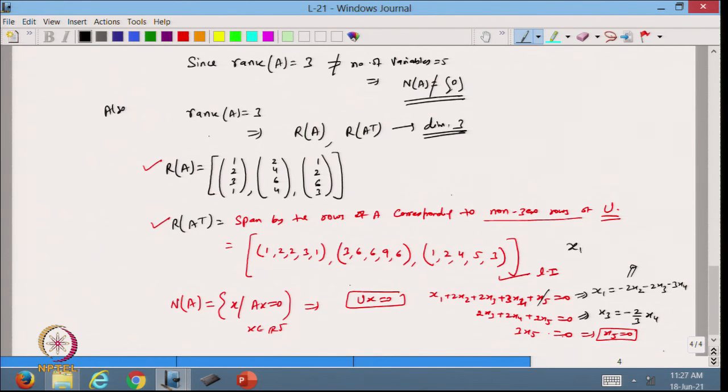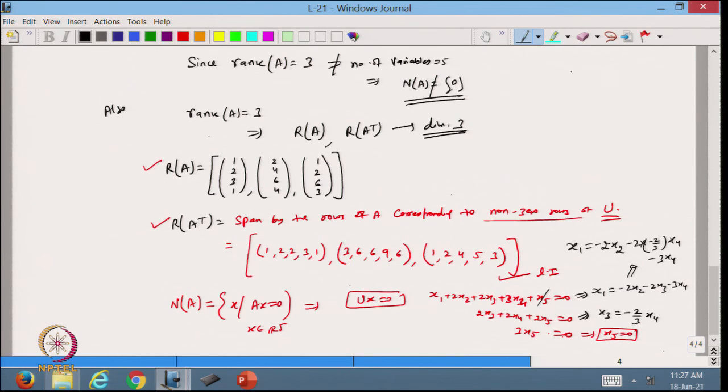I can write my x1 is equal to minus 2 x2 minus 2, so x3 is basically minus 2 by 3 x4, minus 3 x4.